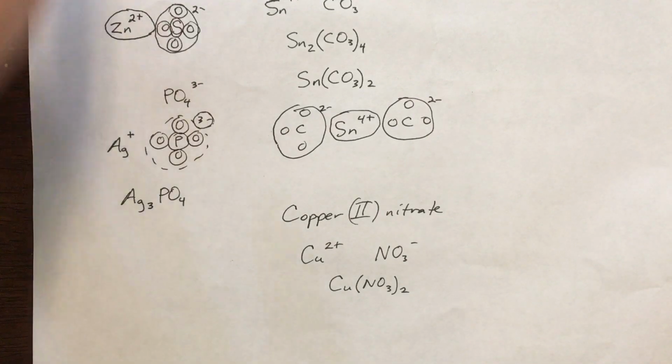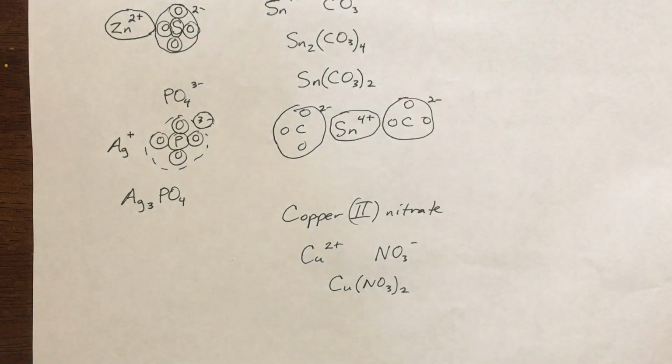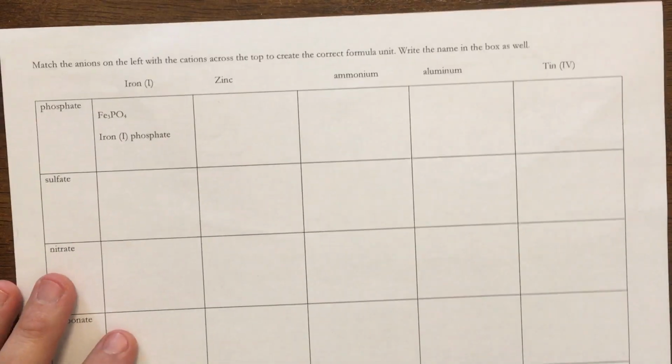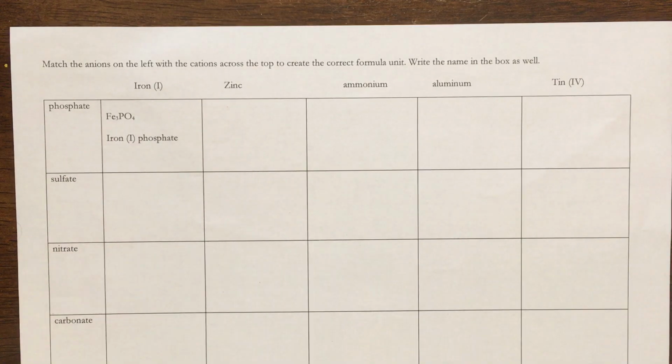For your assignment today, you'll find a graphic organizer on Canvas. If you want to, you can print it and fill it out directly on there. You'll take a picture of that and submit it in the assignments folder on Canvas.